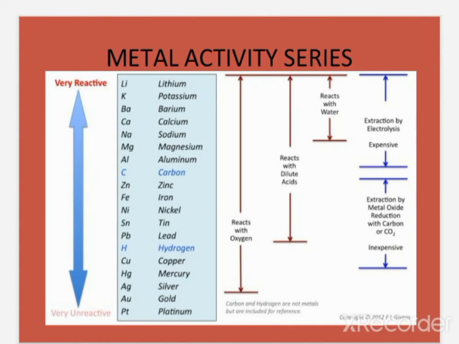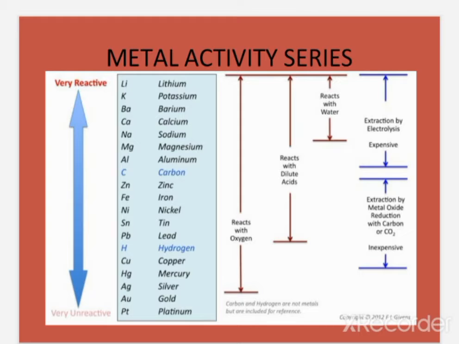Now we will talk about the metal activity series. On the basis of rate of reaction of metals with oxygen, water and dilute acids, metals have been arranged in decreasing order of their chemical reactivity. That means what is a metal activity series?